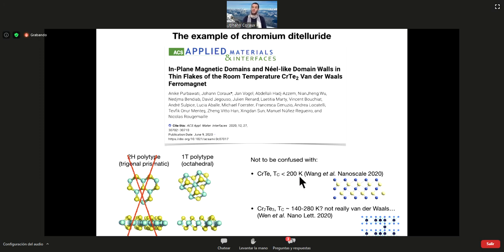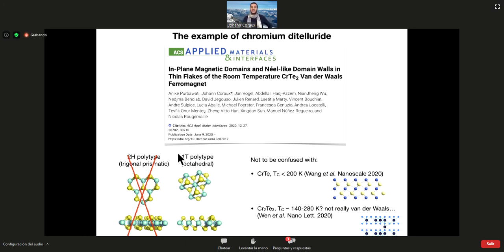You have chromium 2, tellurium 3, with a TC that can vary from below room temperature to very close to room temperature, but it's actually not exactly what we can call a van der Waals material. You see there are bridges between the different layers, and it probably doesn't make it easy to exfoliate the material. So these are chromium bridges, as far as I know.